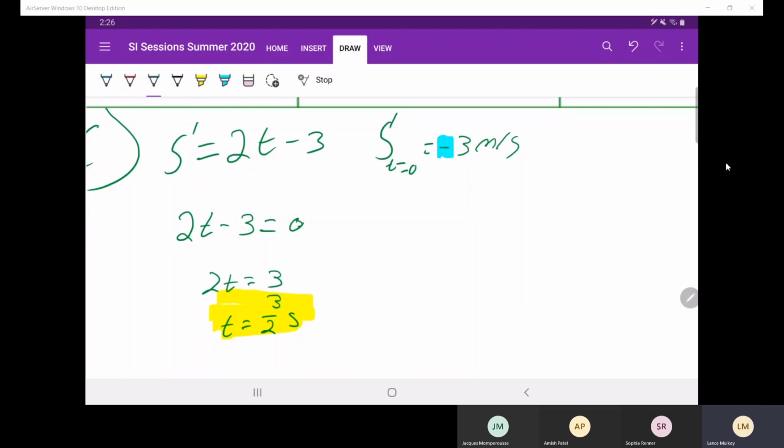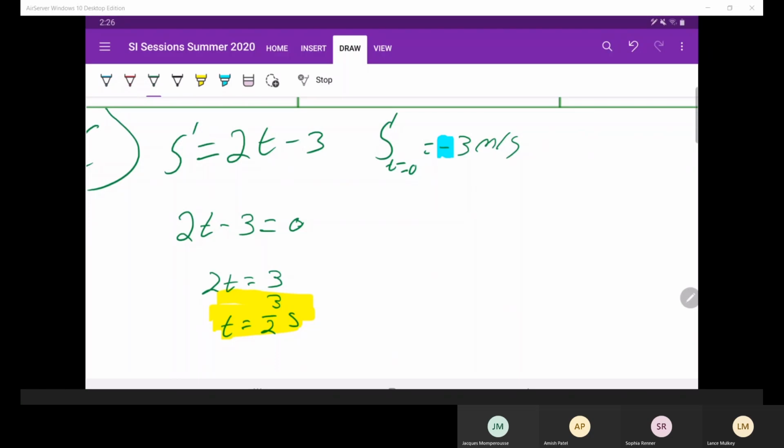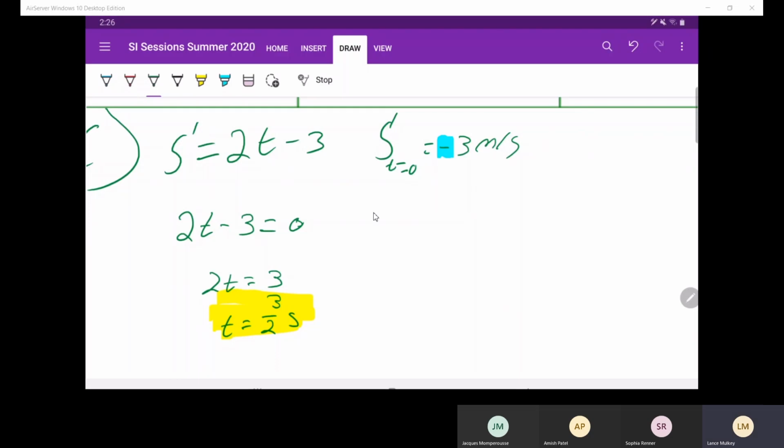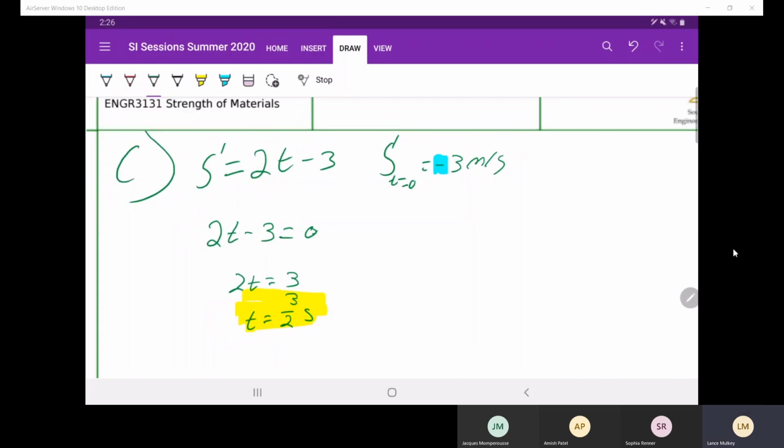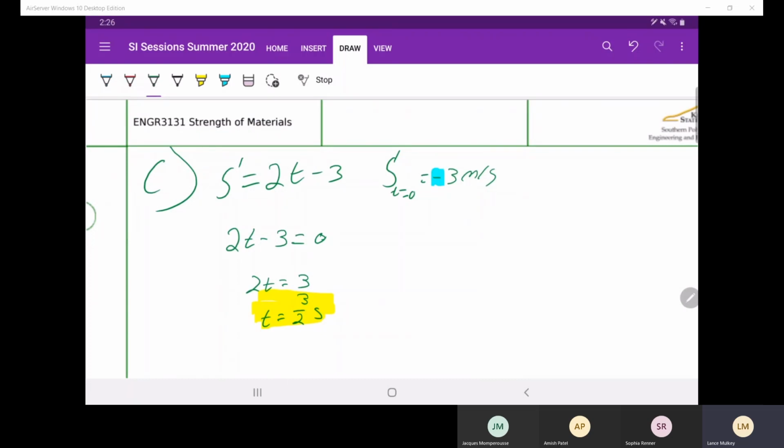God almighty, computer. Okay. I'm not gonna lie, I thought there was gonna be more test questions, so I didn't plan for much more. I can go find something real quick off your textbook.